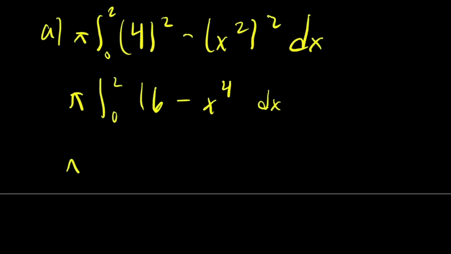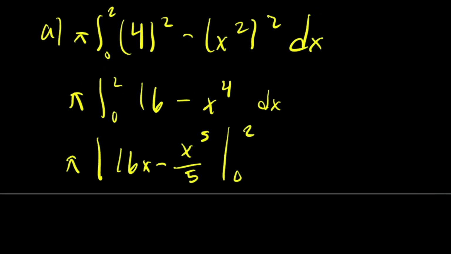And now we take the integral, so 16x minus x to the fifth over 5 from 0 to 2. Plug in our bounds, we get 32 minus 2 to the fifth, which is 32, I believe.